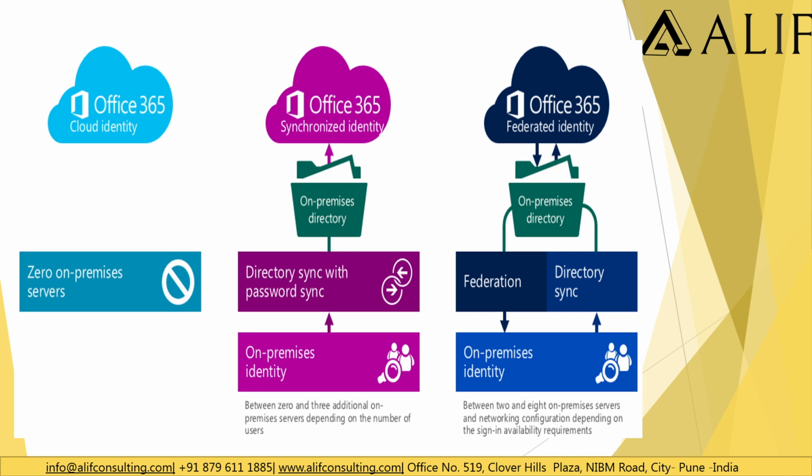So the validation and verification would be done on the on-premises side, where you have deployed your on-premises Active Directory, and once the authorization is given, it would then give you access to your mailbox, the one which is hosted in Office 365. So with this being said, your password hashes and all those things would be coming to Office 365, but in a non-encrypted format, not in an encrypted format.